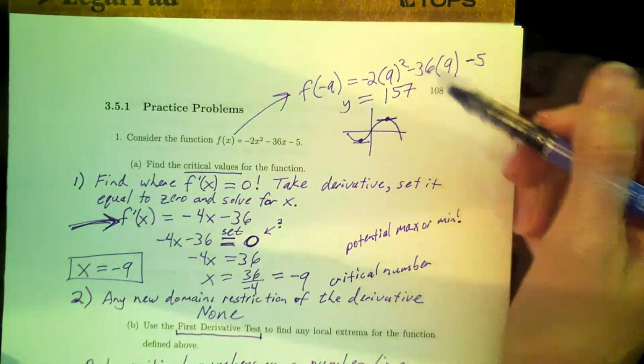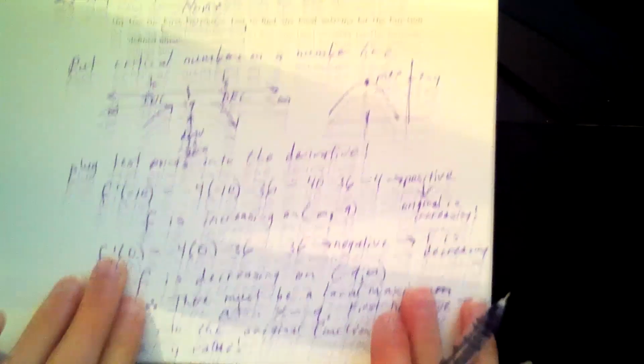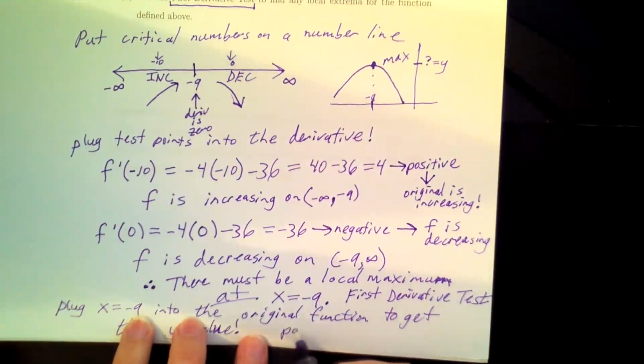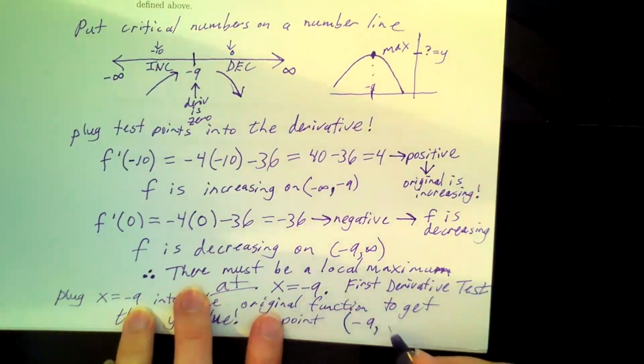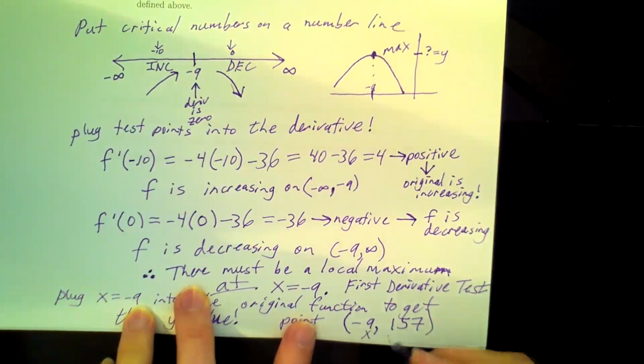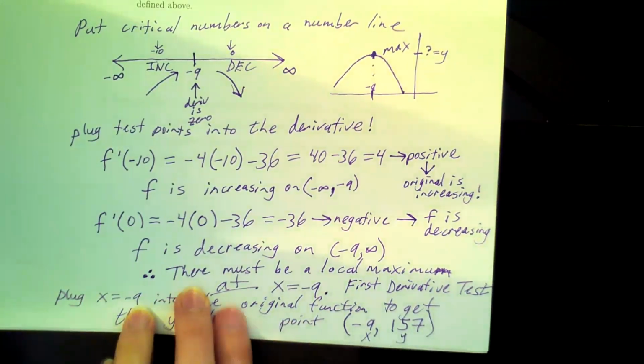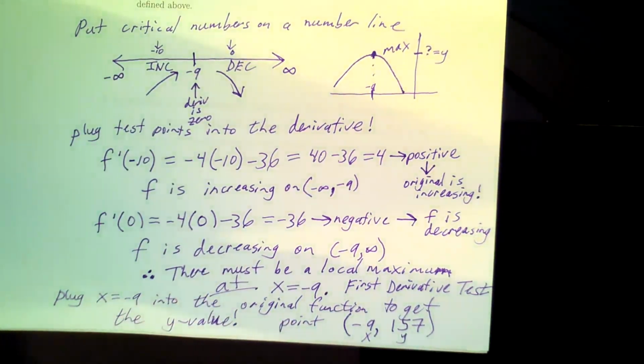This point is way up high. Here's my point. My point, x y, occurs at -9, comma, 157. X value of the maximum, that's the y value of the maximum. So we would say that the local maximum occurs at x equal -9, and the local maximum is 157.